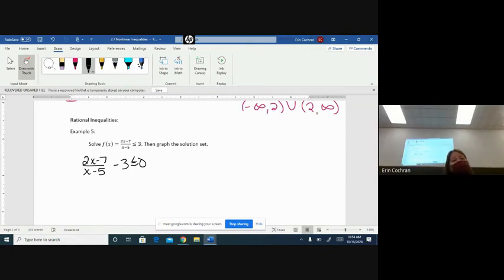Now, how can I combine these two? Same denominator. So 3 is the same thing as 3 over 1. So what is my common denominator? X minus 5, right?